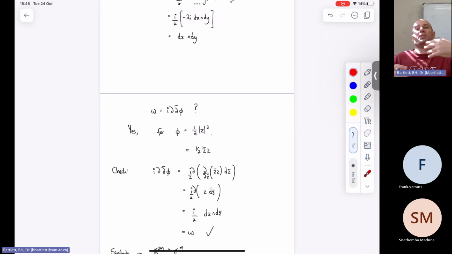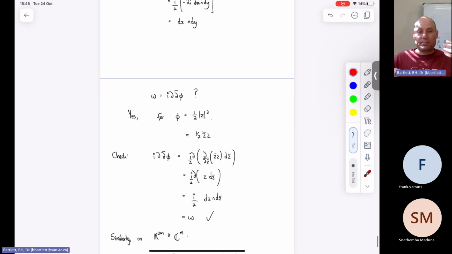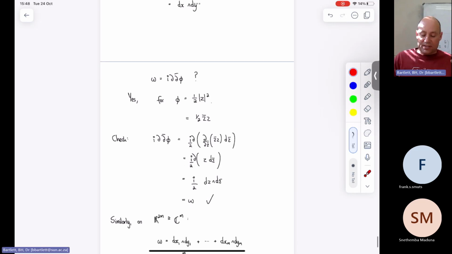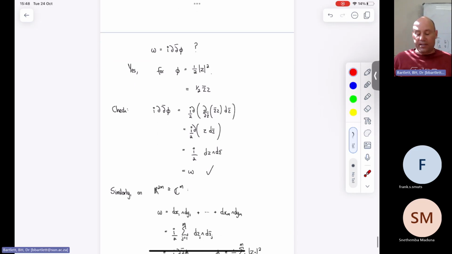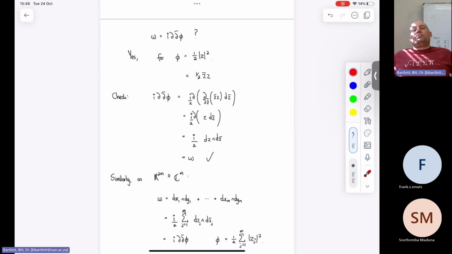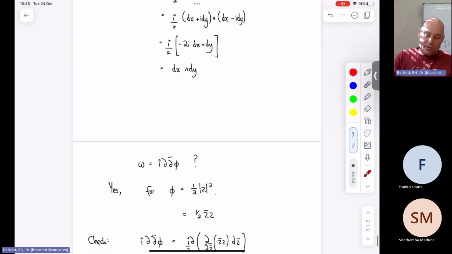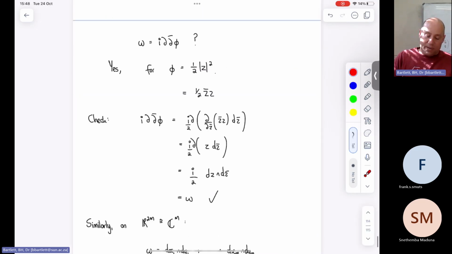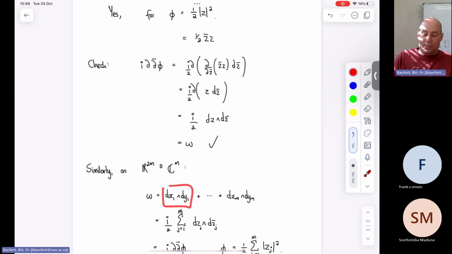Okay, so similarly on R to the 2m, which I can think of as m copies of complex space, the same formula would then give me a Kähler form on Cm, right? So I could write it in terms of the real coordinates. Instead of dx wedge dy, I'm now going to have dx1 wedge dy1 plus dot dot dot plus dxm wedge dym.